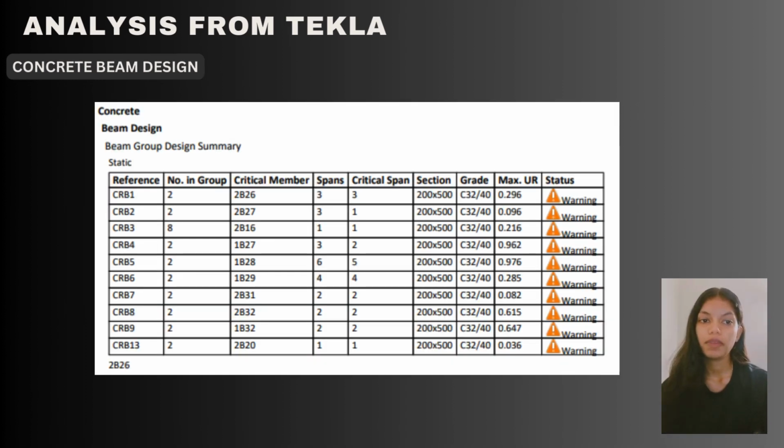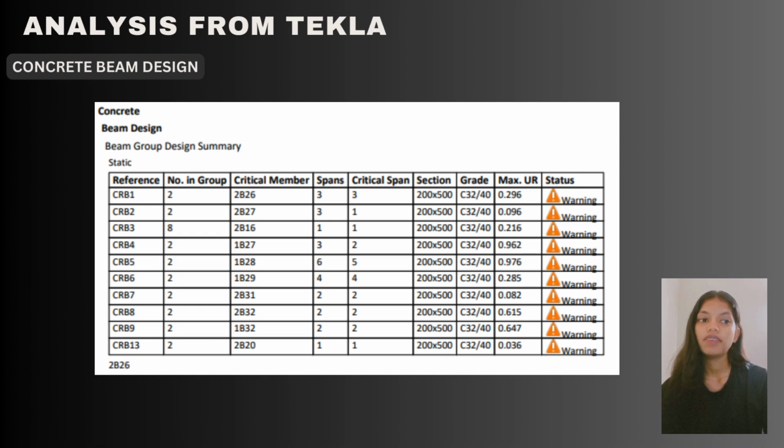This table provides a summary of the beam group design for various references, including details such as the number of beams in each group, the critical member, spans, critical span, section dimension, grade, maximum utilization ratio, and the status of each beam. All beams are designed with a section size of 200 by 500 mm and a grade of C32/40.